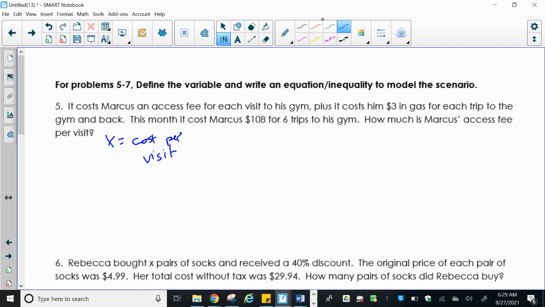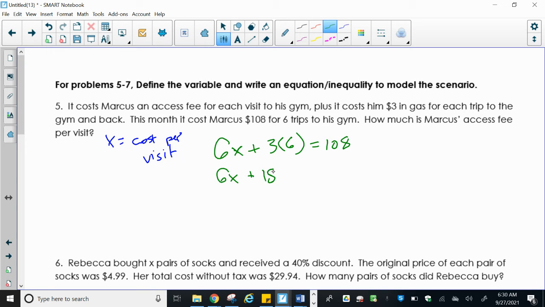So let's write out an equation. We went to the gym 6 times. We're trying to figure out what it costs each visit, so we could say 6x. It's $3 in gas each time we went, so plus $3 for each of the 6 times, so 3 times 6. Then equals a total of $108. Now we can solve.